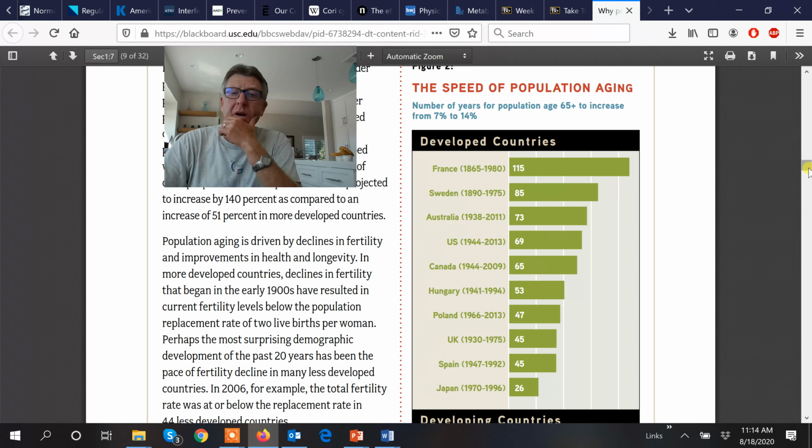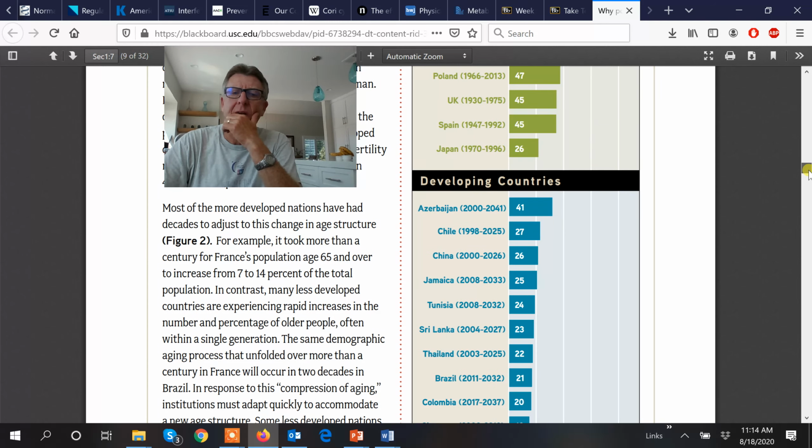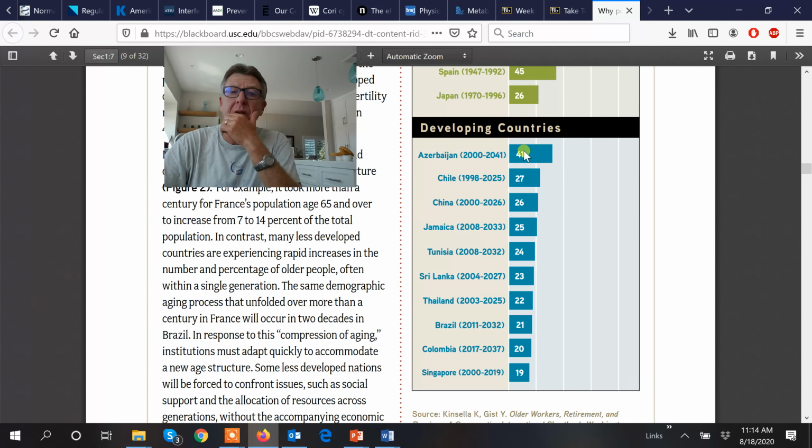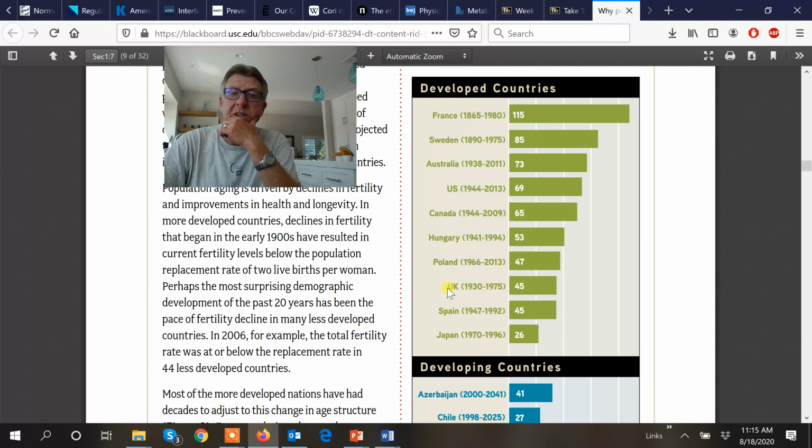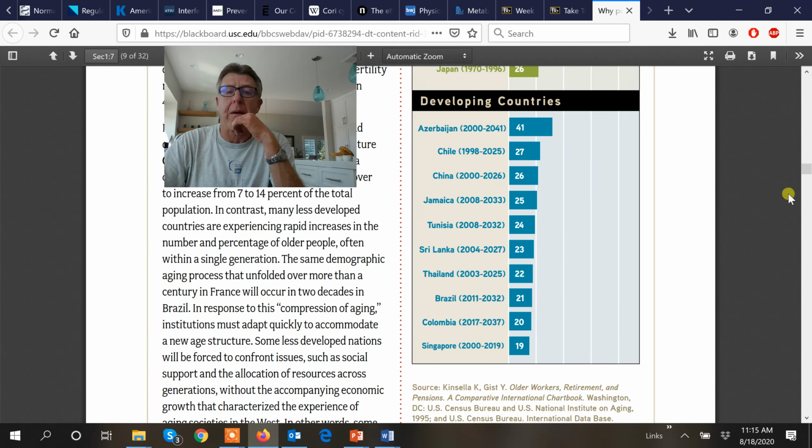So then we look down here, and we see that these developing countries don't have the economic infrastructure to deal with it. That's the whole point of this analysis right here. Look down here at how rapidly it's happening.